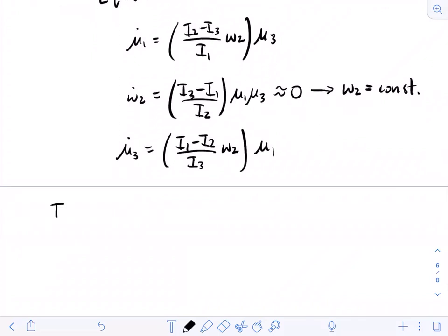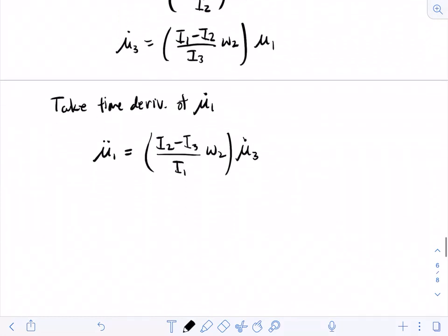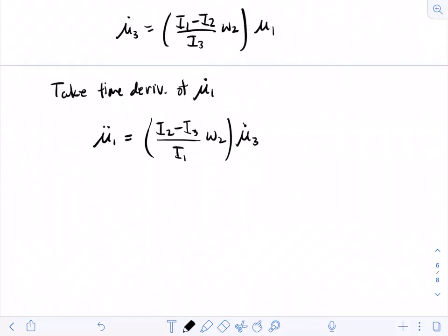So let's take a time derivative of mu1 dot. So we'd get mu1 double dot is going to be equal to I2 minus I3 over I1. Omega 2 is a constant. Then we get mu3 dot. So we sub in for mu3 dot from above.